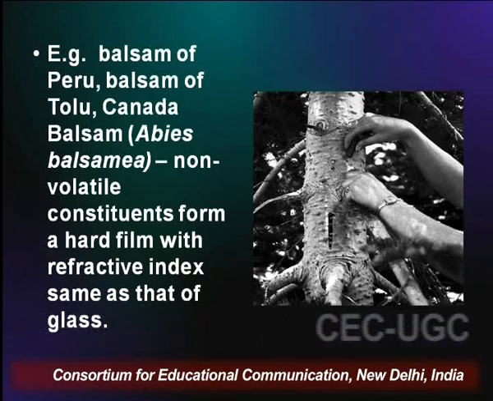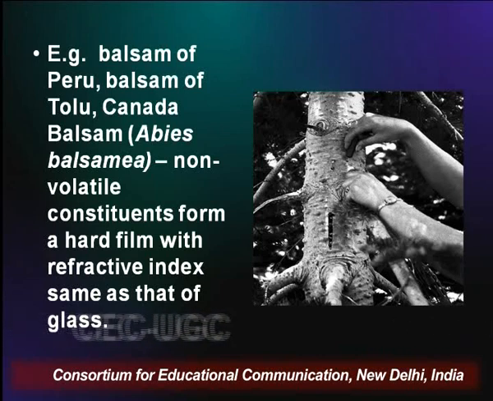Because the resin is mainly composed of non-volatile diterpenoids and a small amount of volatile constituents. Whenever the balsam is collected from Abies balsamea, it is heated to evaporate the volatile constituents, and the non-volatile constituents form a very fine and shiny film having a refractive index similar to that of glass, and this is the reason why Canada balsam is largely used in microscopic studies.